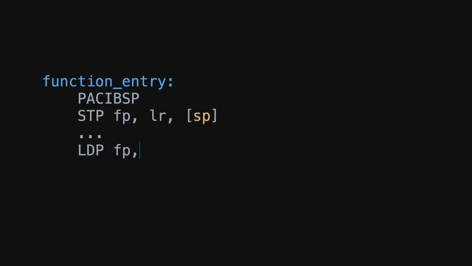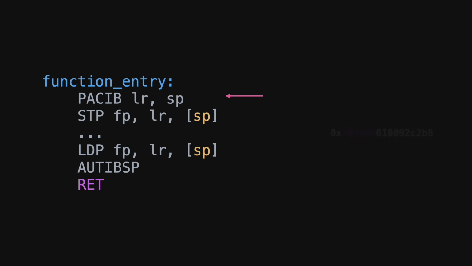So now we have a good understanding of what PAC is. In the next section of this video, we will see how we can prevent ROP attacks. When a function is entered, the compiler adds the PAC instruction to sign the link register with the stack pointer as a context.